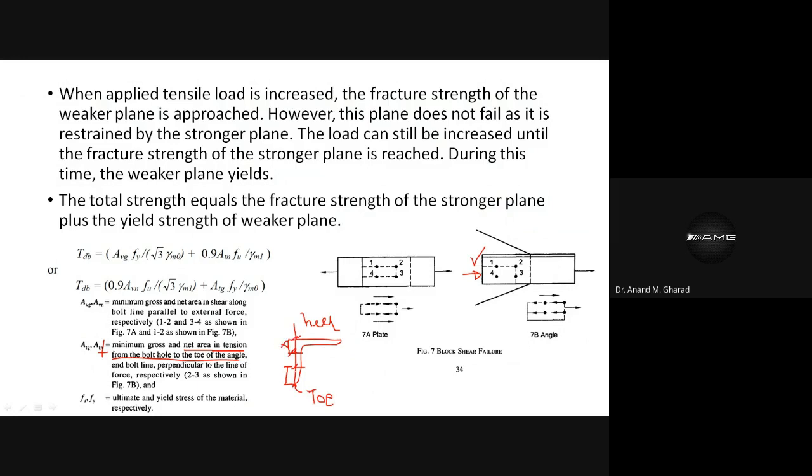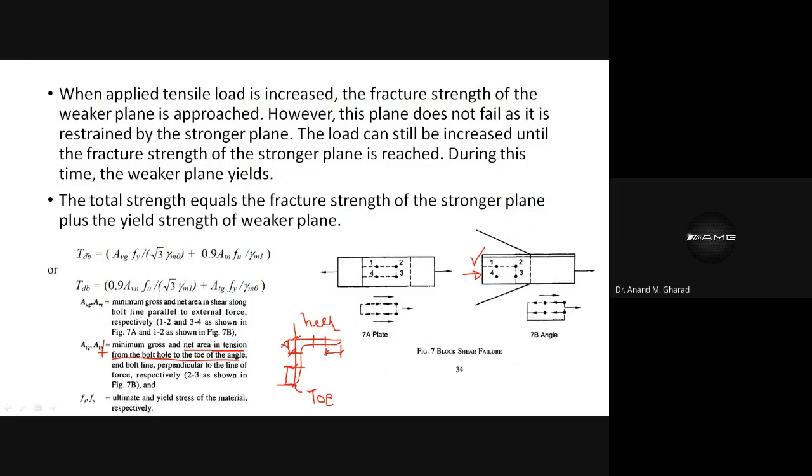This is very particularly from this point, that is from the bolt hole to the toe of the angle. Had that arrangement been over here, something of this sort, then this distance of ATN would have been from here to here. Is this clear? Is this okay? ठीक है?